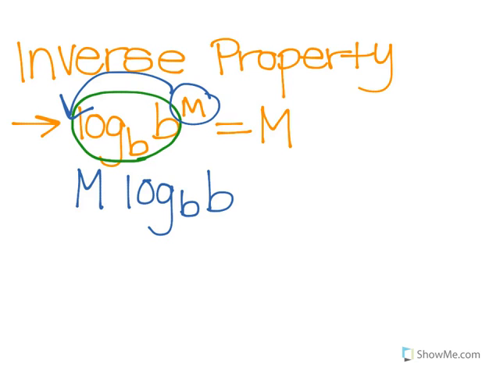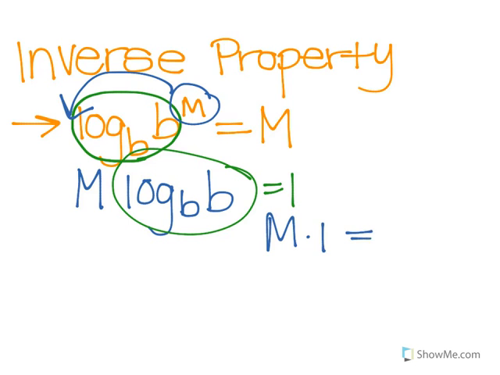If I was saying b to the what gives me b, well, that's 1. So this whole thing equals 1, which turns into m times 1, which is why this property states that log base b of b to the m is just m.